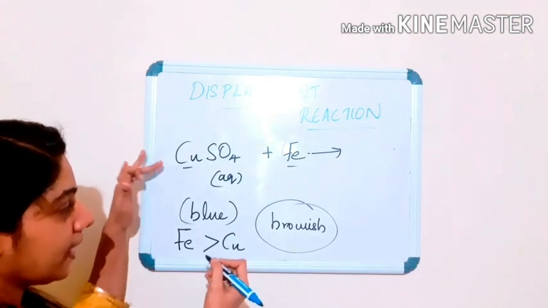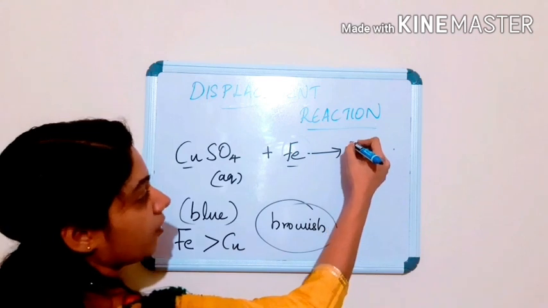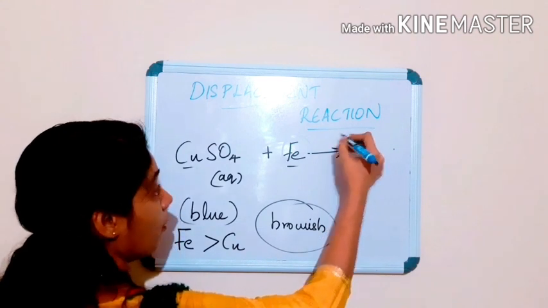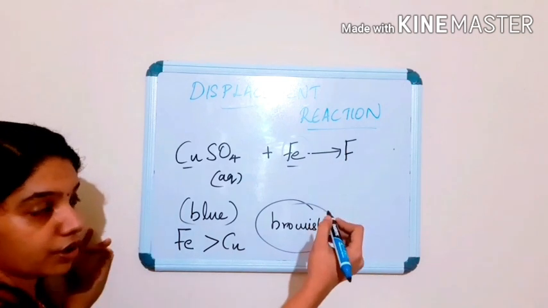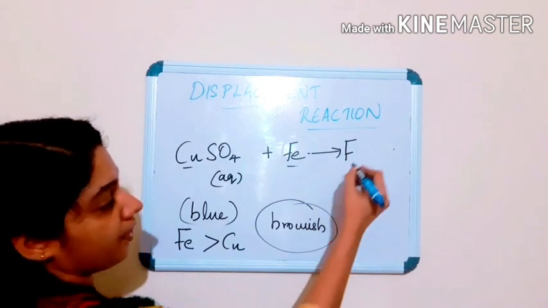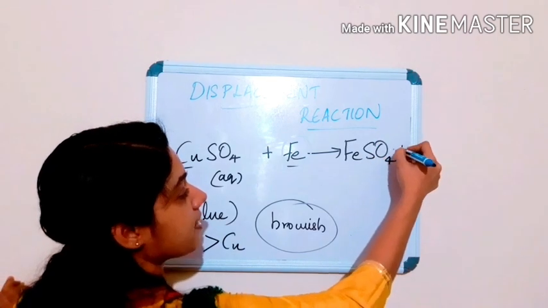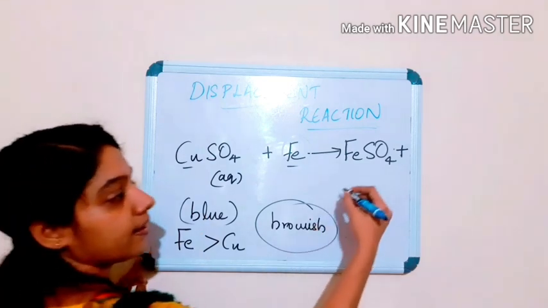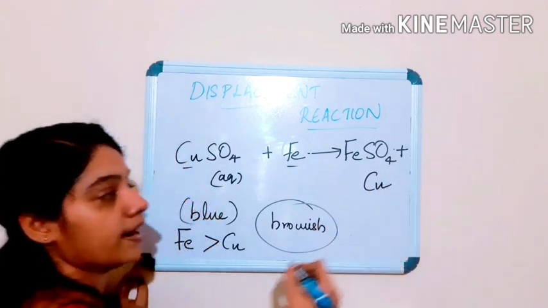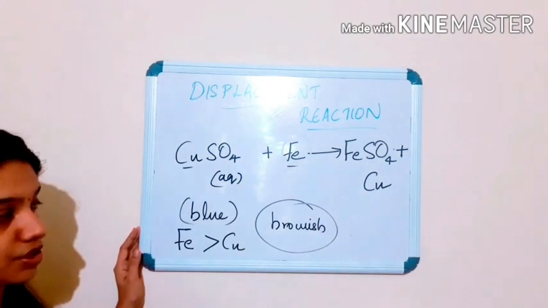In the place of copper, iron will get attached. So instead of copper sulfate, it will produce iron sulfate, or ferrous sulfate, FeSO4, plus the metal that has been displaced, copper, right? So we get the copper also. This is an example of the displacement reaction.